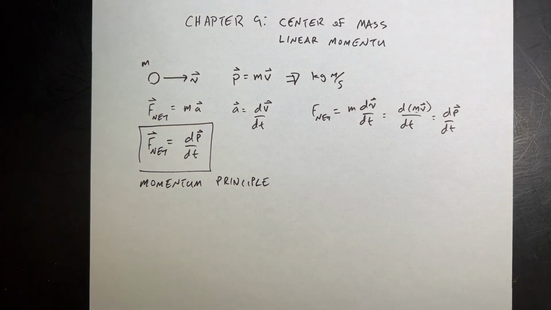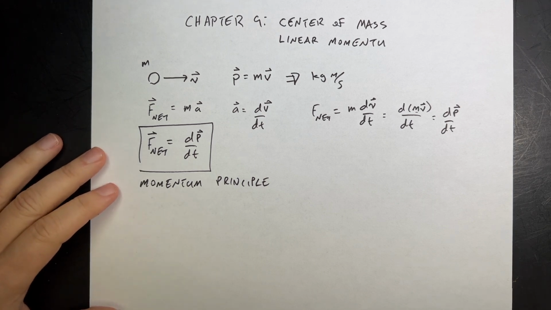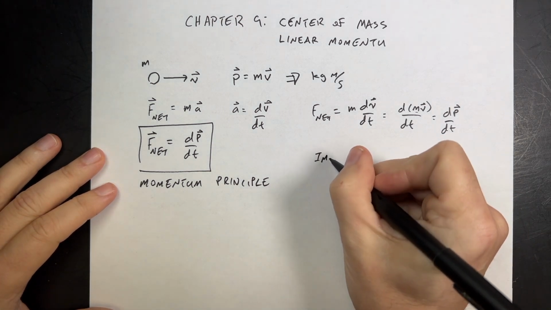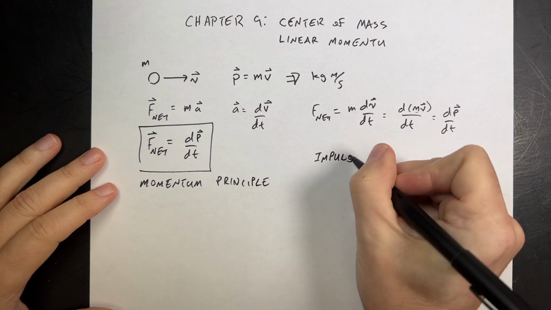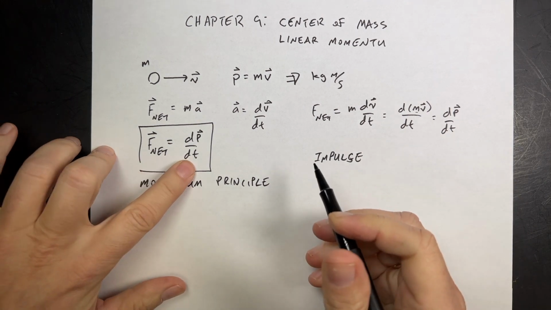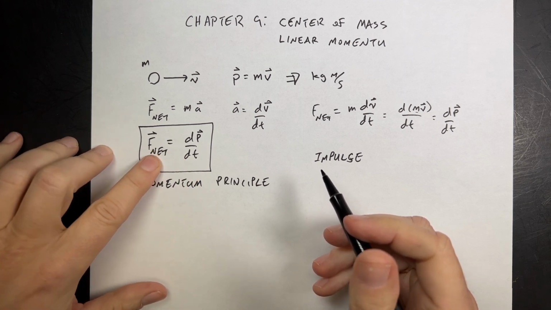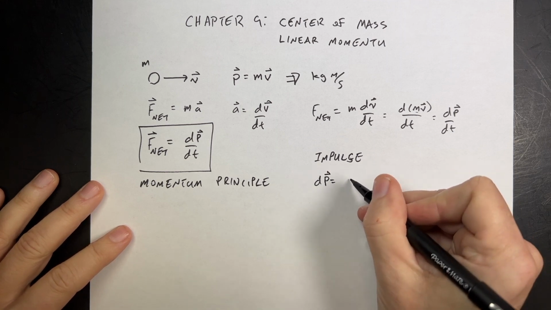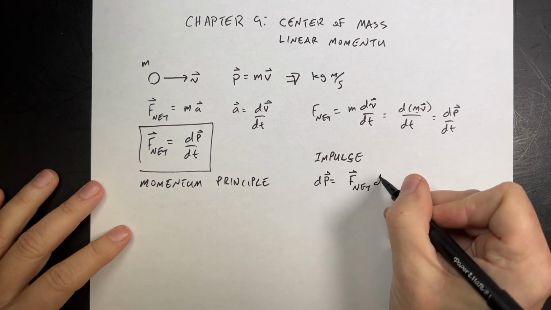Okay, so that's momentum. Next is impulse. They define impulse by just rearranging this equation. If I multiply both sides by dt, I get dp equals F net dt.